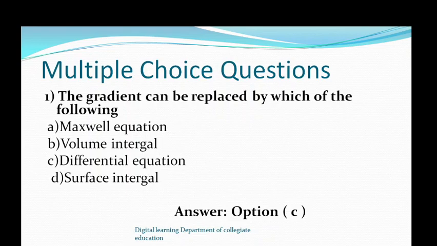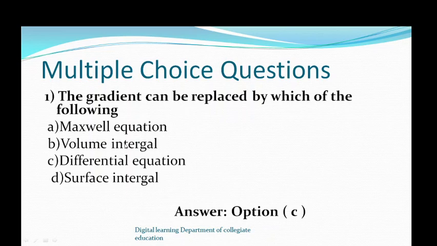First question, the gradient can be replaced by which of the following? Option A, Maxwell equation. Option B, volume integral. Option C, differential equation. Option D, surface integral. Option C is the correct answer.